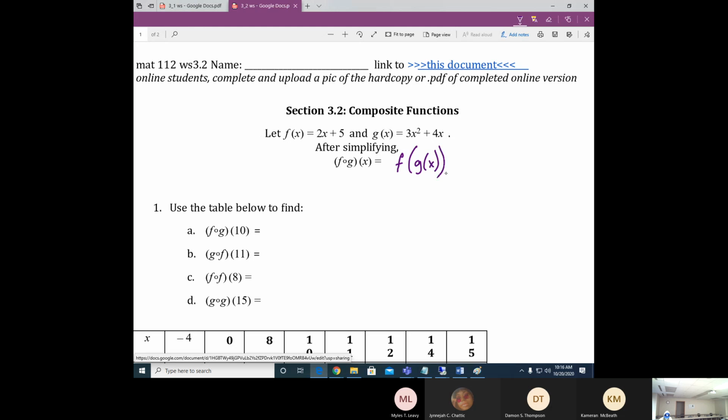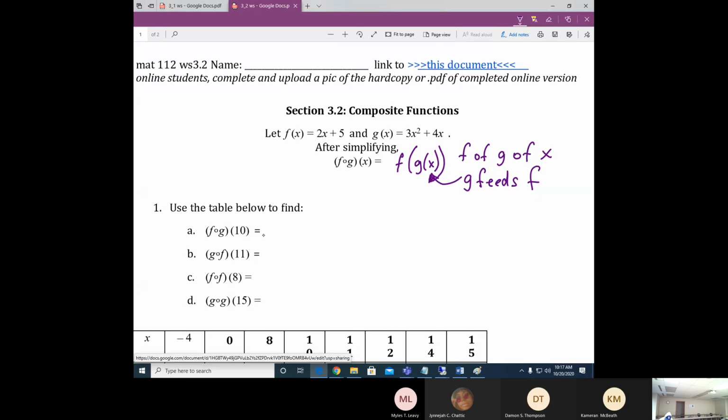And I like to call it F of G of X. That's how I pronounce it. I don't like to say F composition X. F of G: whatever G generates, G feeds F. I figure out what G gives me, and the output of G goes into F. That's all that means.